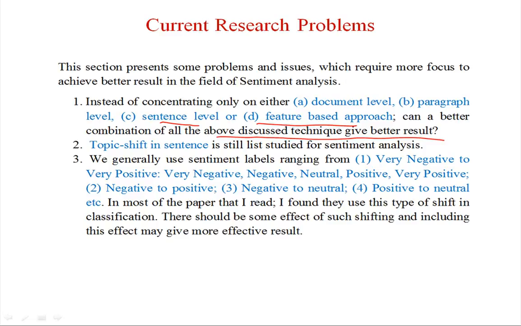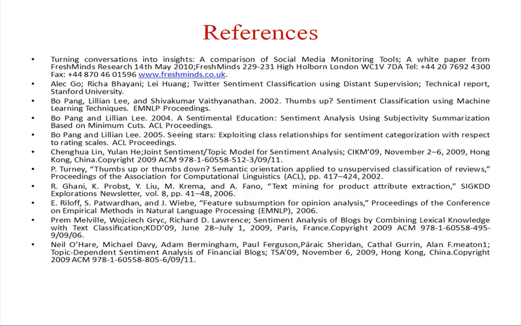There should be some effect of such shifting, and including this effect may give more effective results. We just concentrate on the study of shift, but till now people do not consider the effect of this shift on opinion or sentiment. So I think this may give some better results. Thanks.